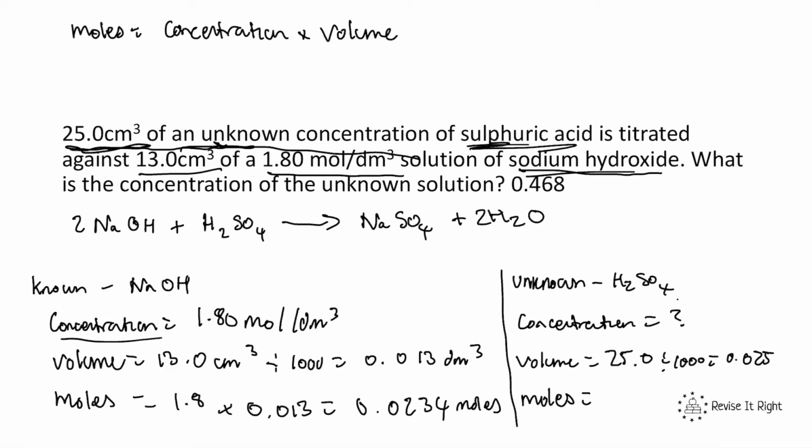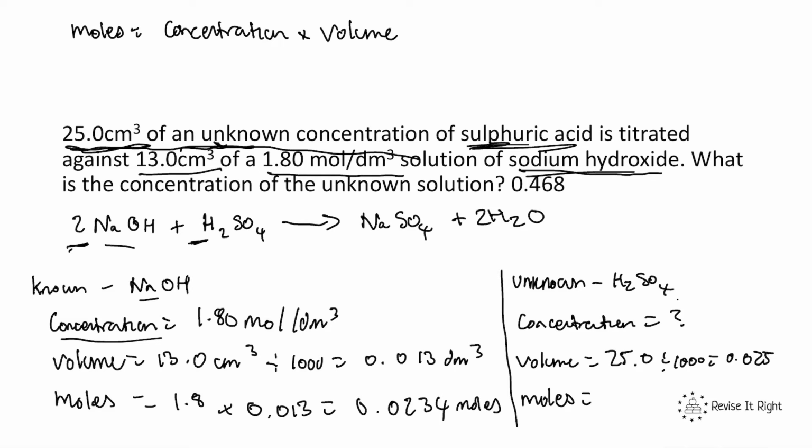So if we go back to our equation, we know that for every 2 moles of sodium hydroxide, we need 1 mole of sulfuric acid. That means we need half the amount of sulfuric acid than we do sodium hydroxide. Okay, because there's 2 moles here, 1 mole here, that's half. So we've got 0.0234 moles of sodium hydroxide.